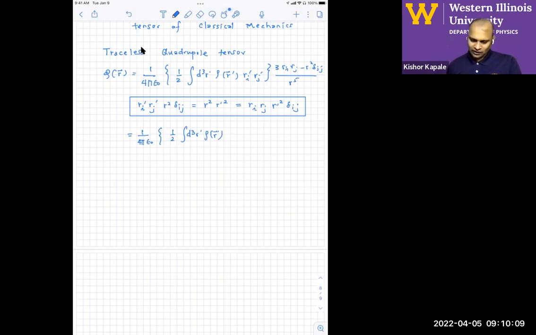We're interchanging those. So now the first term that I write here is going to be 3 ri prime rj prime minus delta ij r prime squared. Okay, and then ri rj is left, which will go outside, ri rj over r to the power 5.